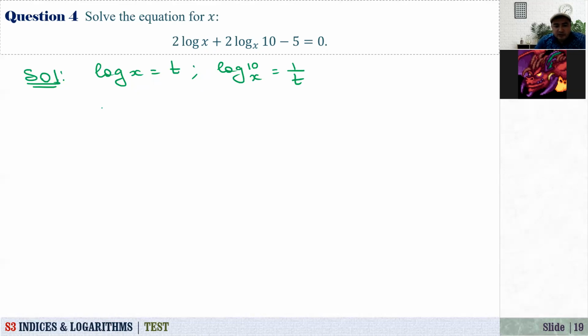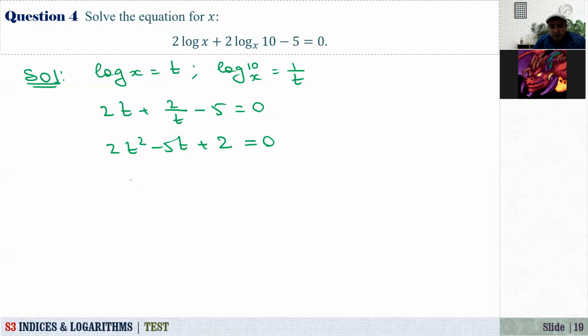So now if you substitute here we have 2 times t plus 2/t minus 5 is equal to 0. Okay. So if you multiply both sides by t, because t is not equal to 0, here we have 2t squared minus 5t plus 2 is equal to 0.